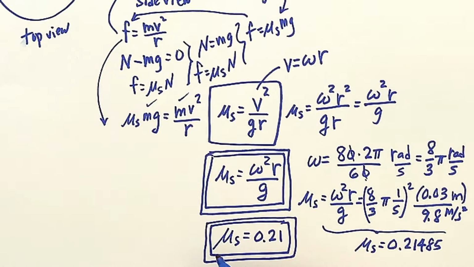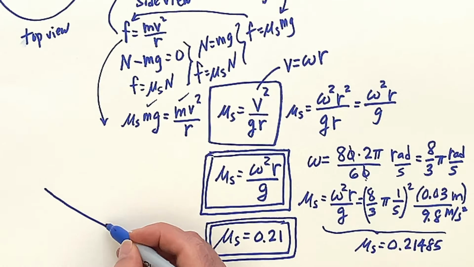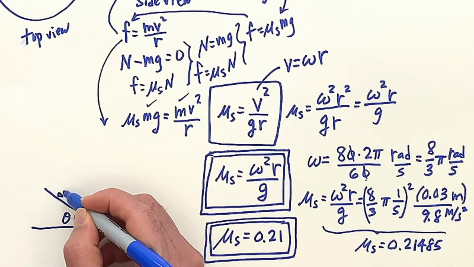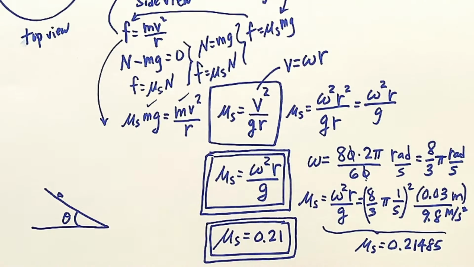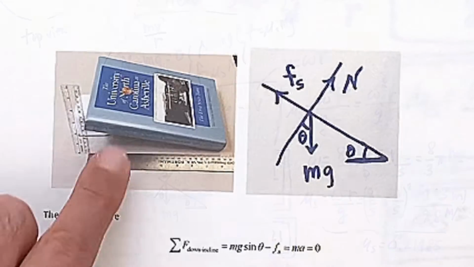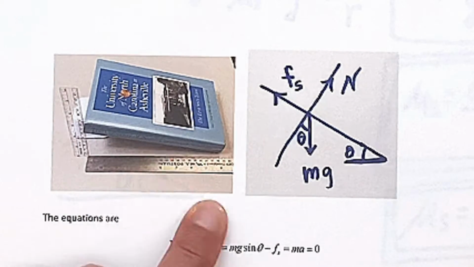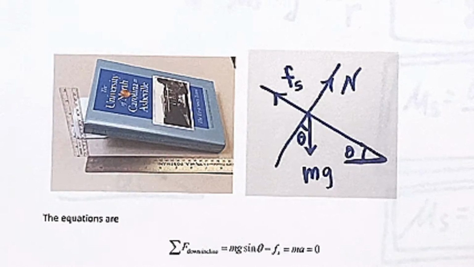It wants to know what the angle is in the case where you have a slant like this and the thing just starts to slide down. Now, we did this problem before with the book, and we have to reproduce it here. So it's a good review.